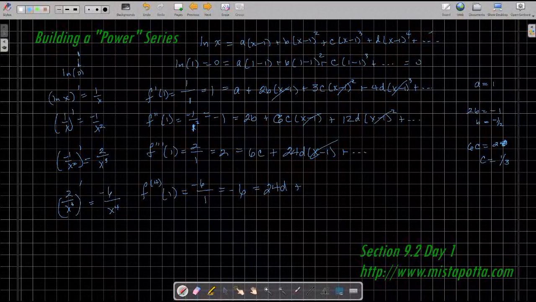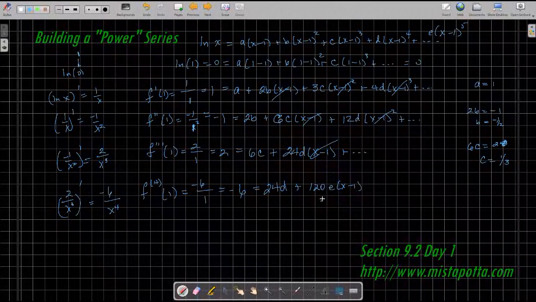This next term over here that was hidden was really e times (x minus 1) to the 5th, and so this is going to end up being 120e times (x minus 1).